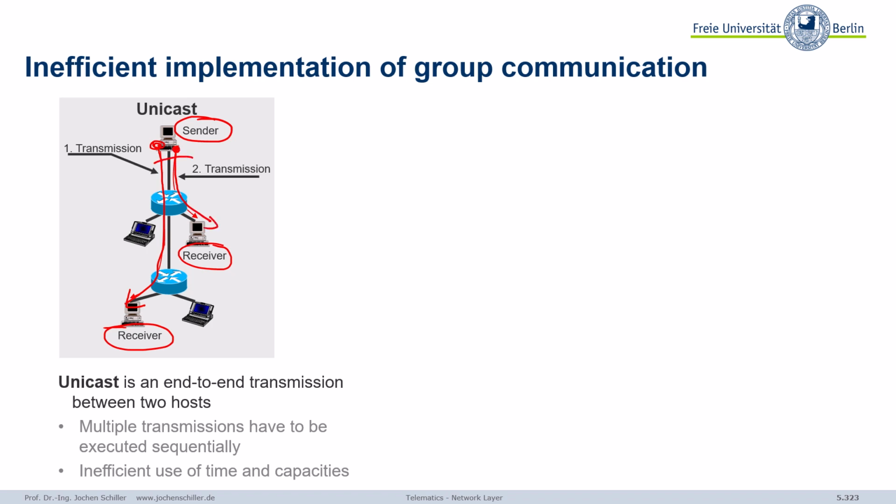But we already see that the first and the second transmission contain the identical data packets, so you have to replicate the packets. So you generate a high load, which is not really necessary. So you perform multiple transmissions and you have to execute them sequentially. It's really inefficient. So what is a better idea?